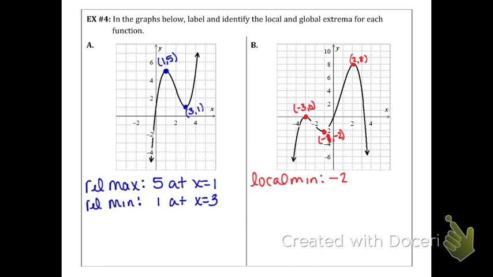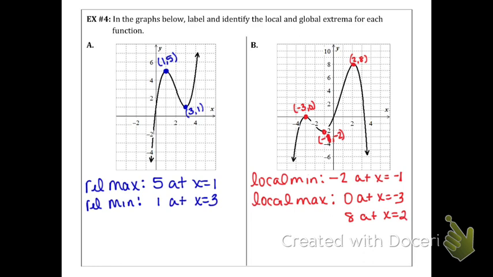And it's going to be of -2, and it's at x equals -1. I do have local or relative maximums. The one on the left is of 0, and that's at x equals -3. And the one on the right there is at 8, and it's at x equals 2.